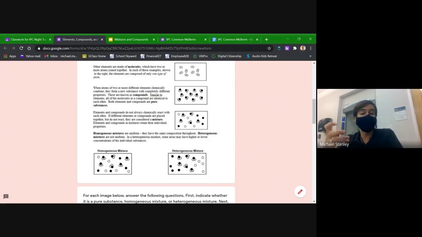So they're not equal. They're not even. We have kind of different clumpings of our different types of particles. So the fact that they're not totally evenly distributed makes it a heterogeneous mixture. So homogeneous, same, equal. Heterogeneous, different, clumping, not the same.